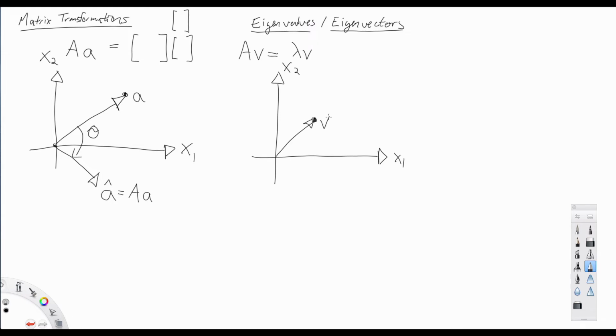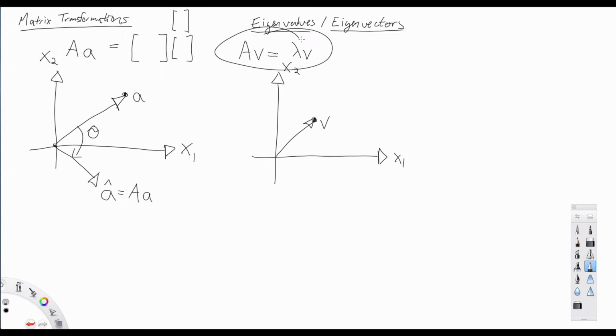Suppose in this 2-dimensional space I've drawn out the vector v, or the point v, or the vector that points from the origin to this point v. There are a number of different types of transformations that could occur if A and v correspond to this matrix and eigenvector pair.